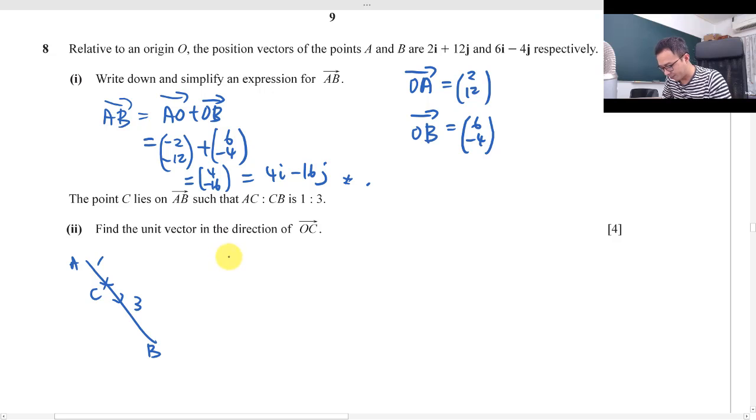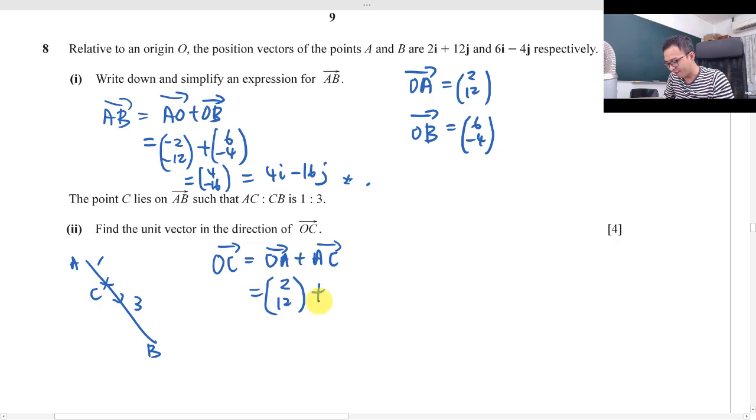So I know OC is basically equal to OA plus AC. I have OA is 2, 12, and I can find AC here. You can see AC is basically 1 out of 4 of AB, so it equals 1 over 4 of AB. AB is 4, negative 16. You should know this. So I will just add them.